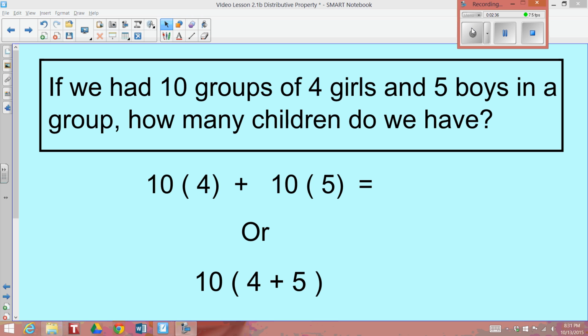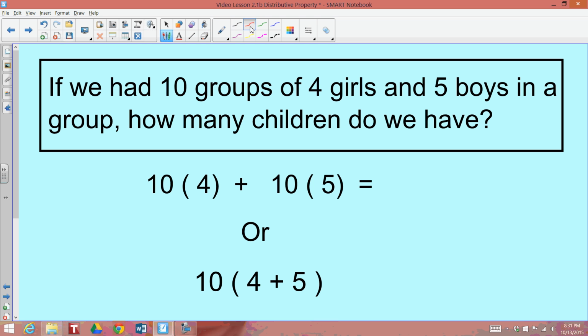So let's look at this question one more time. If we had 10 groups of 4 girls and 5 boys in a group, how many children would we have? And we talked about how we would have 10 times 4 plus 10 times 5. And another way of writing that is by saying 10 times (4 plus 5), because there would be 4 girls plus 5 boys in each group right here.